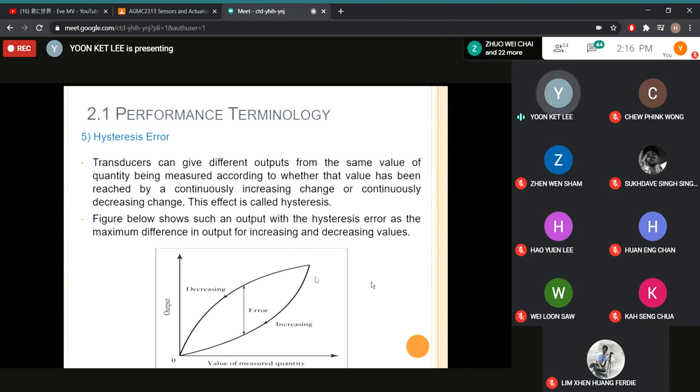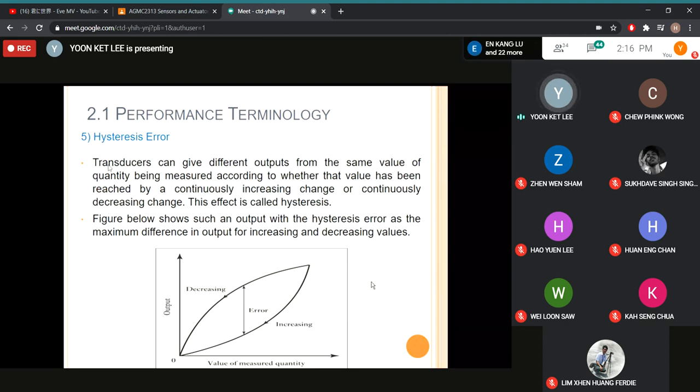When we do the measurement, the curve can be different. This demonstrates the increasing error, and this demonstrates the decreasing error.